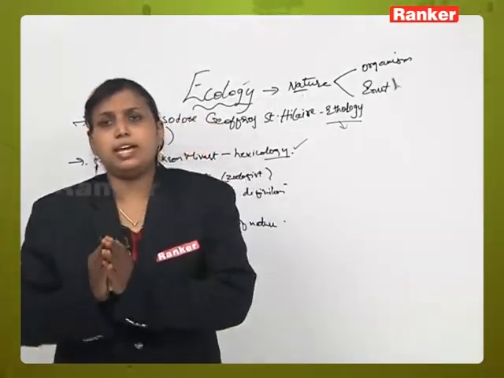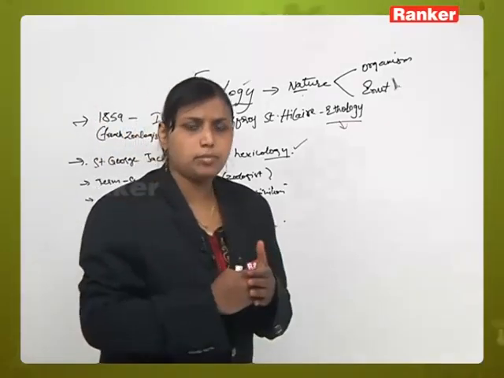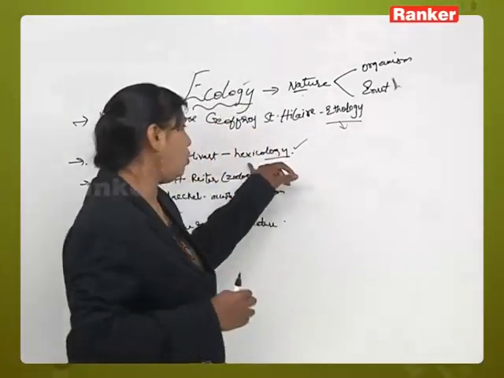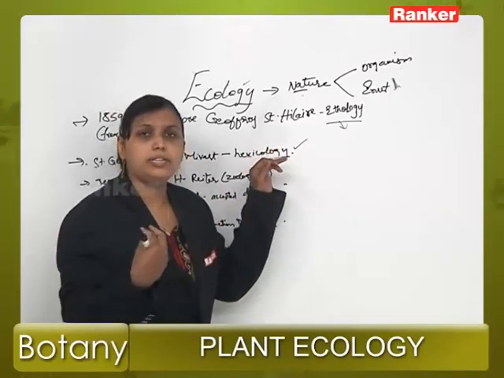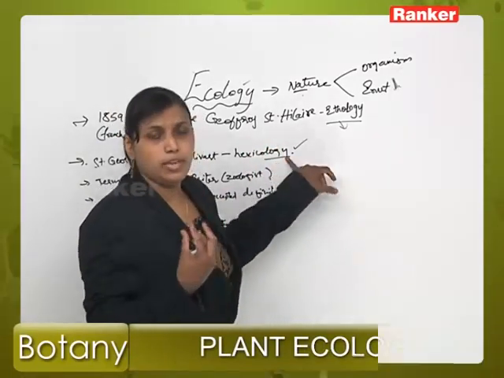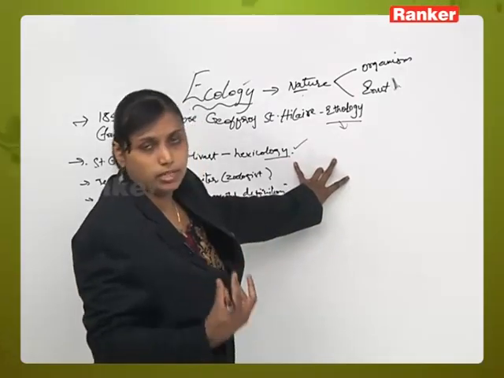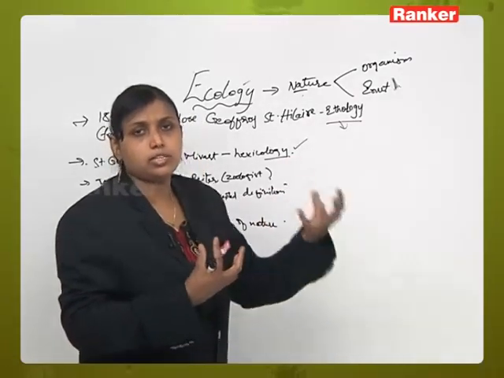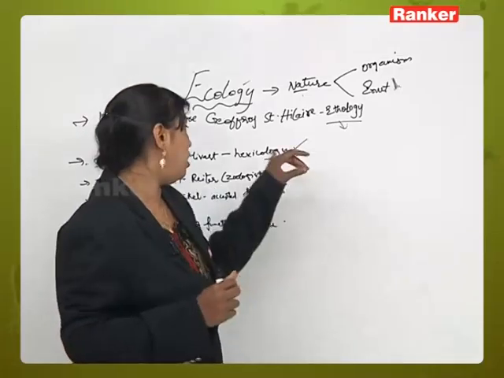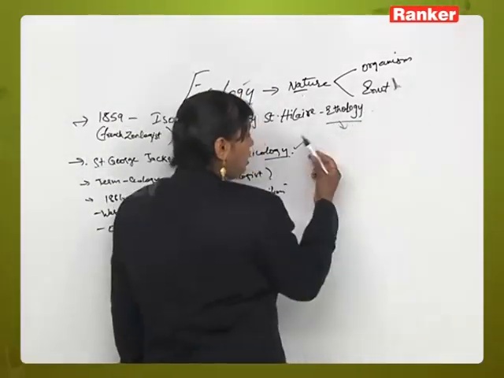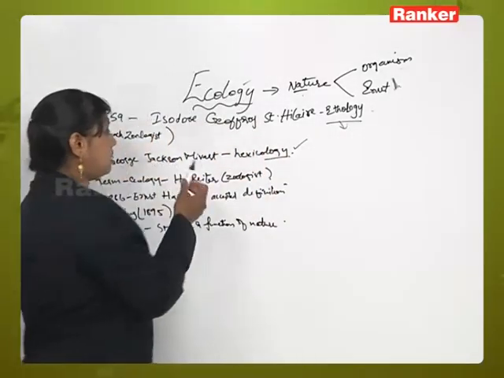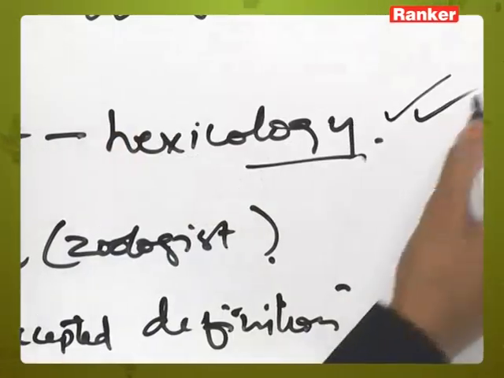Hexicology is nothing but an interaction between an organism and its surrounding environment, how a particular organism is living and the environment surrounding it affects the survival of that organism, and how that organism is adapting to the changes of the environment. So before ecology, the first term given roughly was ethology, and in the same year Jackson Mivart gave a term called hexicology.